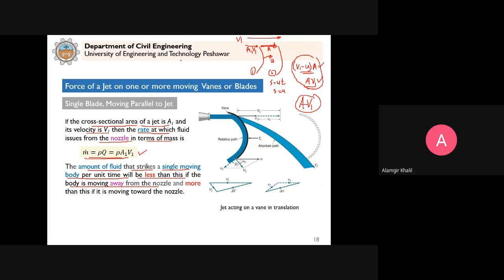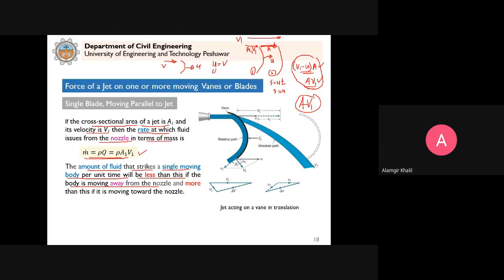Of course, if the vane is moving with a velocity u, and the jet is striking the vane with velocity v, if u is equal to v, the vane is moving with the same velocity as the jet and the jet will not strike the vane. So in this case, force will be 0.